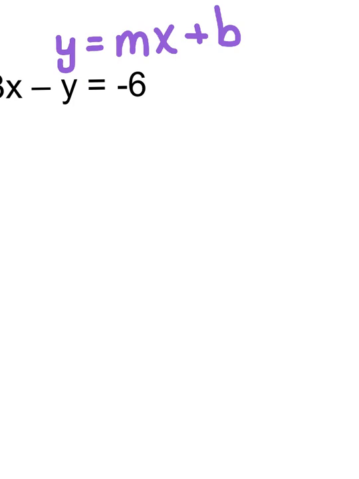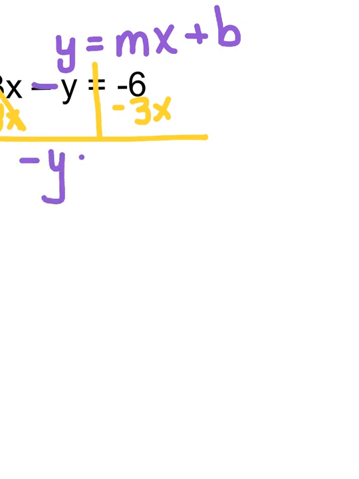So to do that, we will do the opposite. We'll try to isolate the y by doing the opposite of each term. So this would cancel out. Remember that if it's a negative y, you need to bring that negative down.